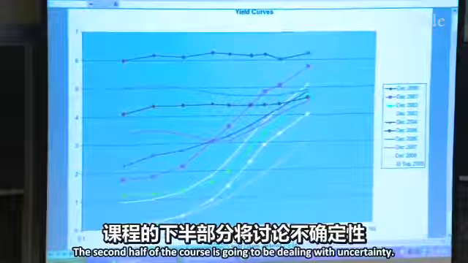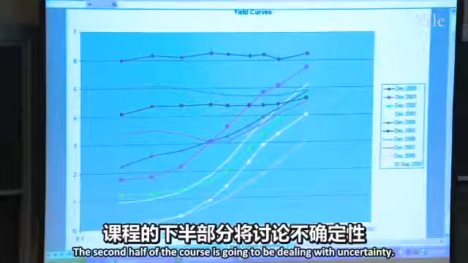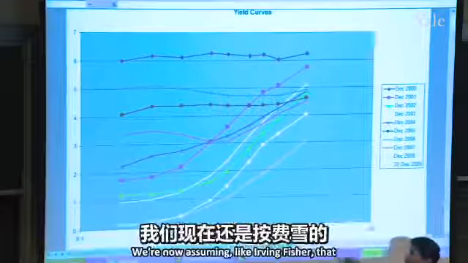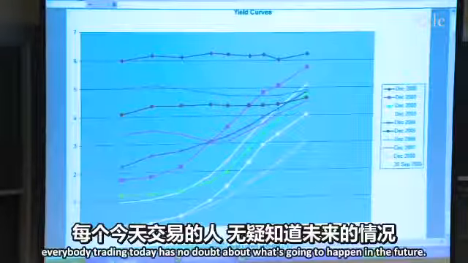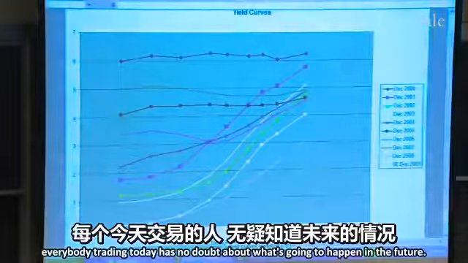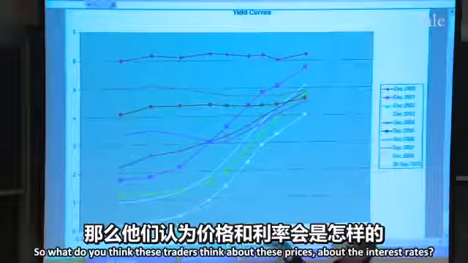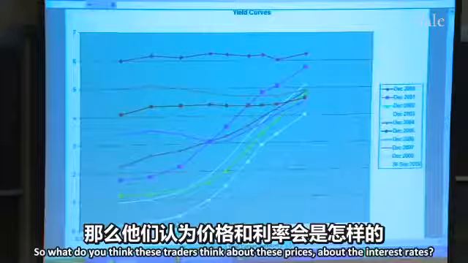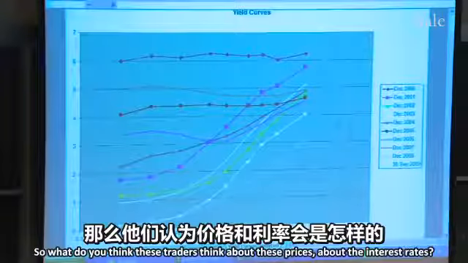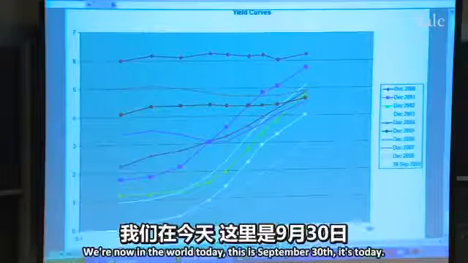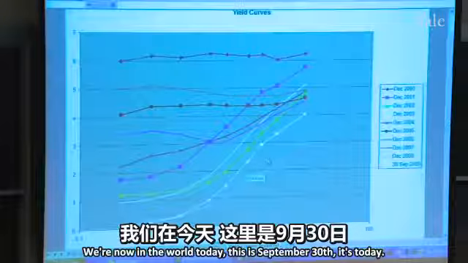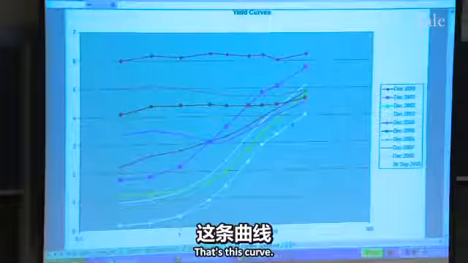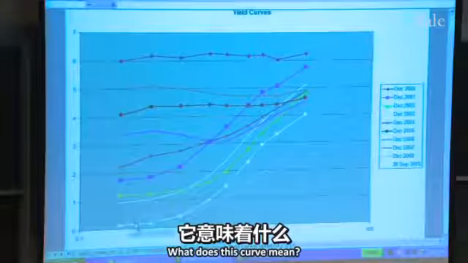The second half of the course is going to be dealing with uncertainty. We're now assuming, like Irving Fisher, that everybody trading today has no doubt about what's going to happen in the future. So what do you think these traders think about these prices? About the interest rates? We're now in the world today, this is September 30th, it's today, that's this curve. What does this curve mean?